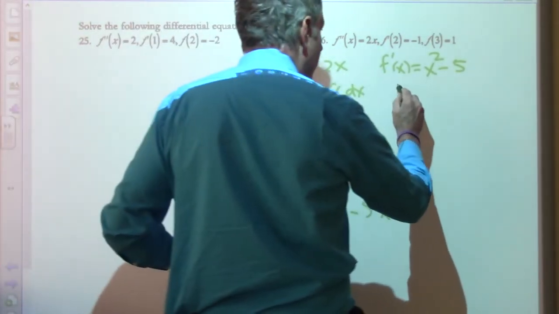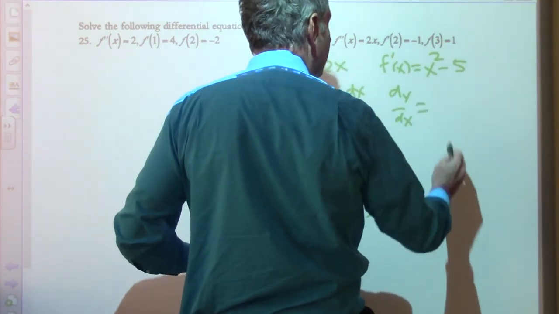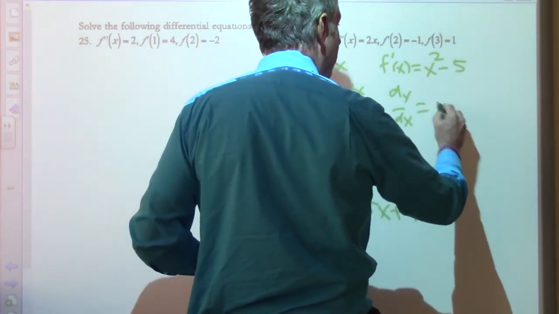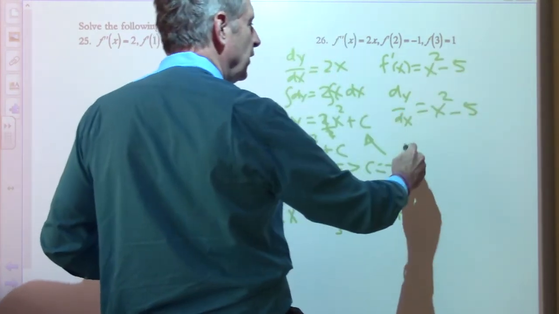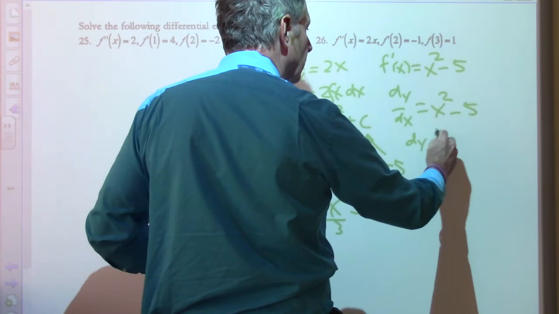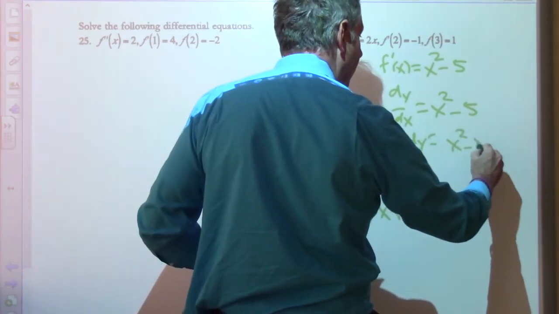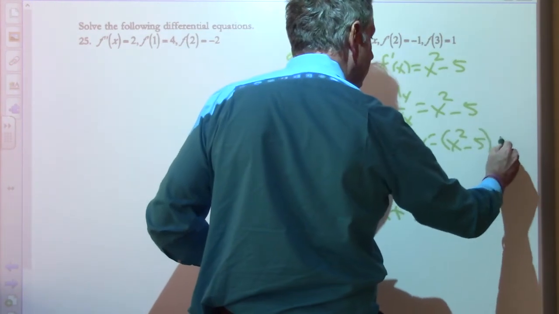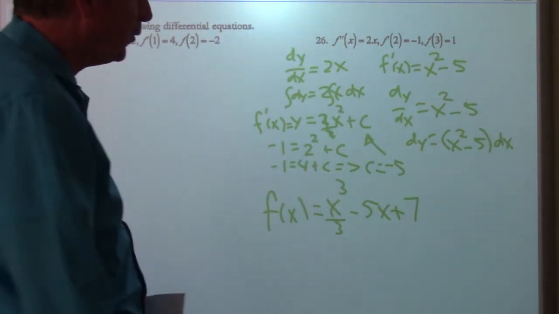But, so now I'm going to write this as dy dx, and that's going to be equal to x squared minus 5. And now distributing the dx, we have dy is equal to x squared minus 5 dx. Okay?